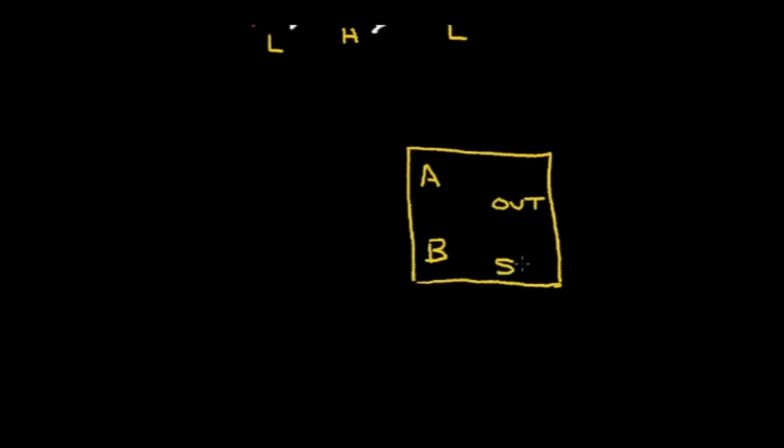Let's call it select A. So again, if select A is at high condition, the A signal, whatever is at this node, is transferred to the output. If select A is in a low state, it sends the B signal, sends this node over to the output.